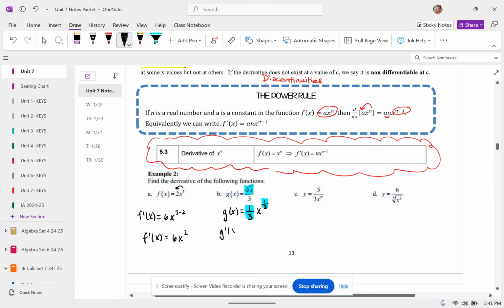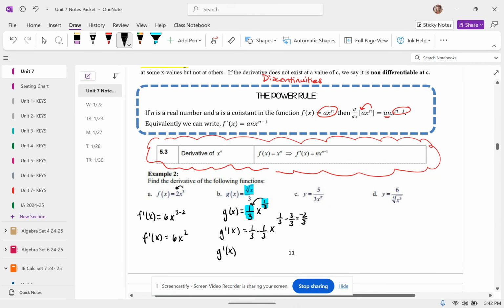So that's what I mean by radicals can be used, or you can use the power rule with radicals. So now the derivative would be 1/3 times the exponent that you drop down first, and then I have to subtract off a 1. But since I'm starting with a fraction, I'm going to rewrite the 1 as 3/3, so they have a matching denominator, and I would just get negative 2/3.